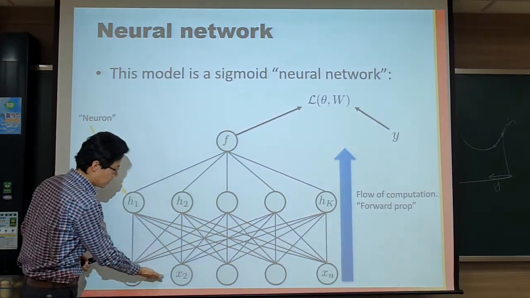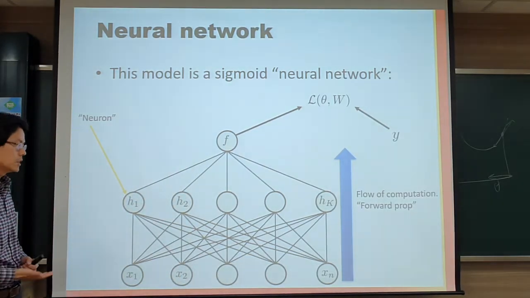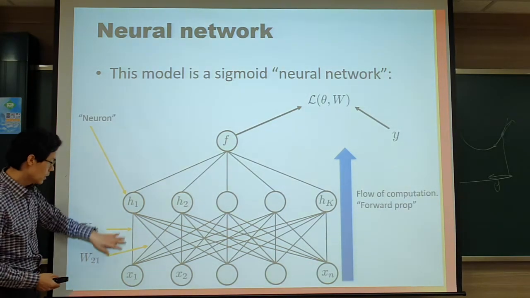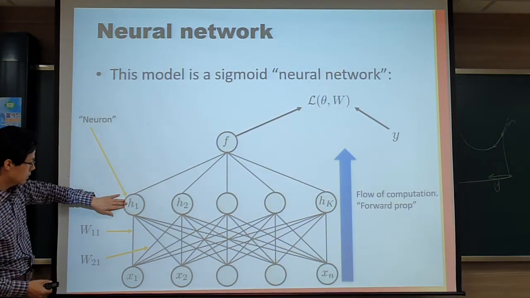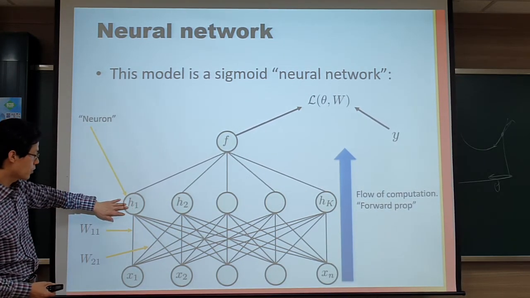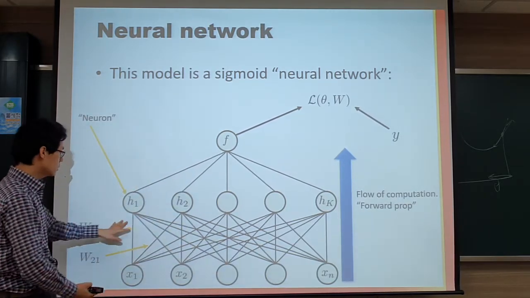Basically in this case, x1, x2 might be the row-level image intensity, and then the h1 neuron gets the actual information from x1, x2, and so on, with a certain weight.